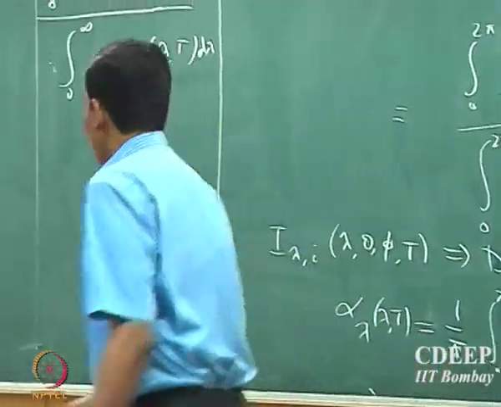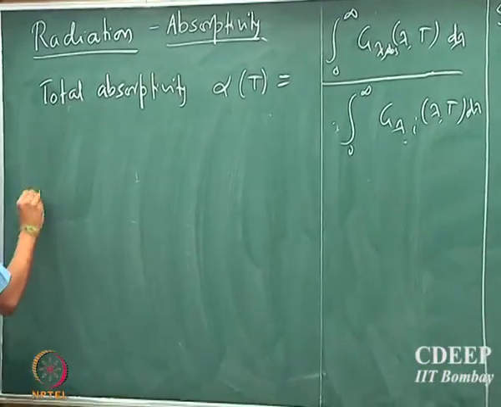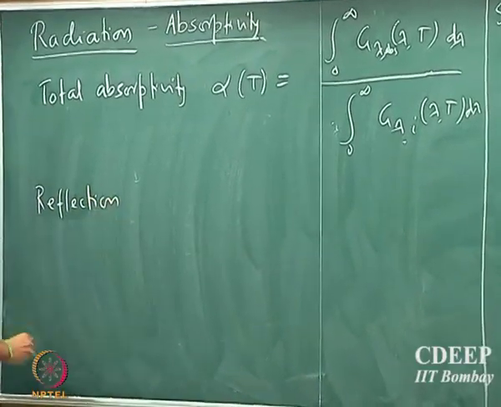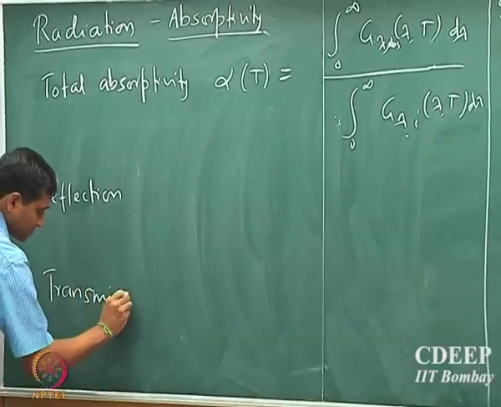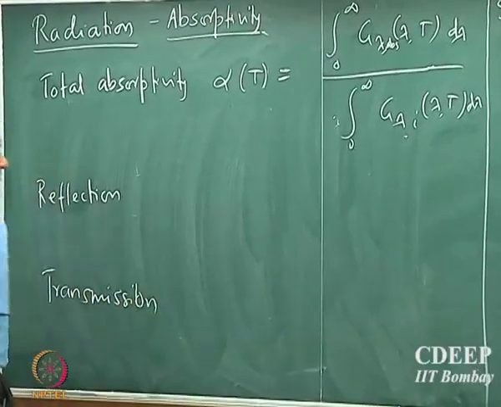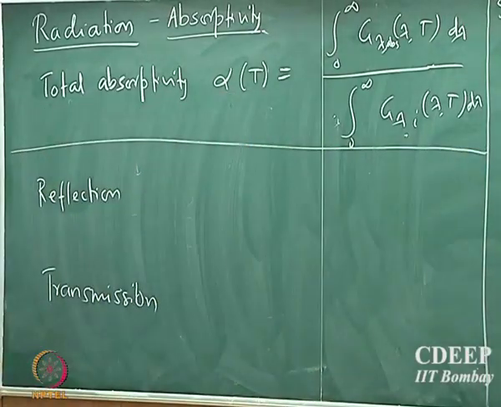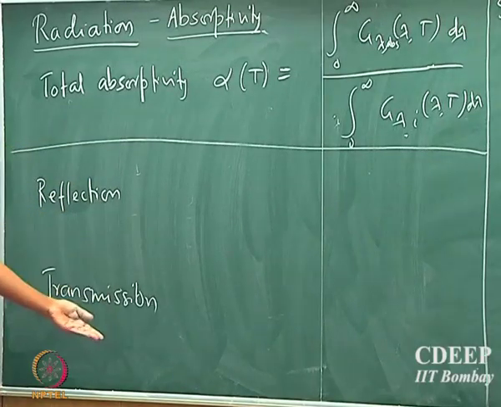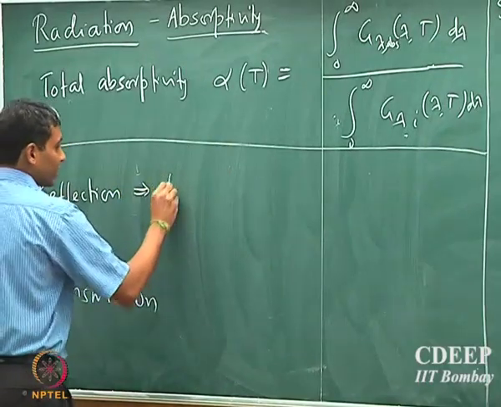Okay. So we said that in a surface there can also be reflection and there can also be transmission, right? So in principle, similar to absorptivity, one could define quantities called reflectivity and transmittivity. I am not going to write all these gory integrals again.